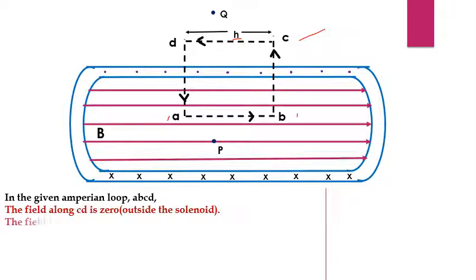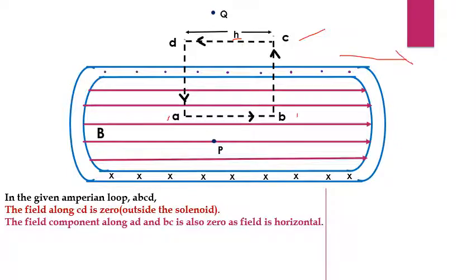Next, the sides AD and BC. As you see, the magnetic field here is along the horizontal direction only, in the form of parallel lines. Suppose this is the x direction or horizontal direction. So its perpendicular component is 0.